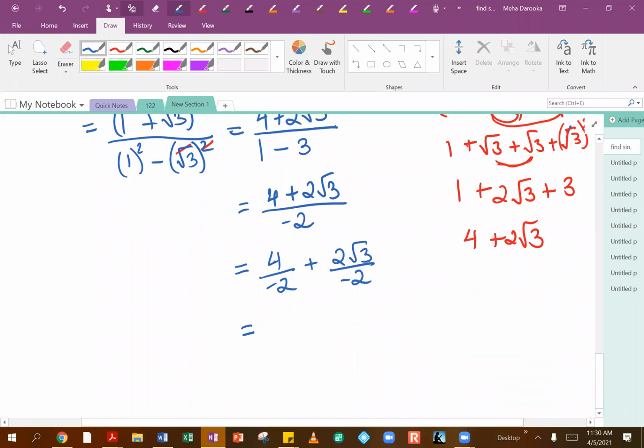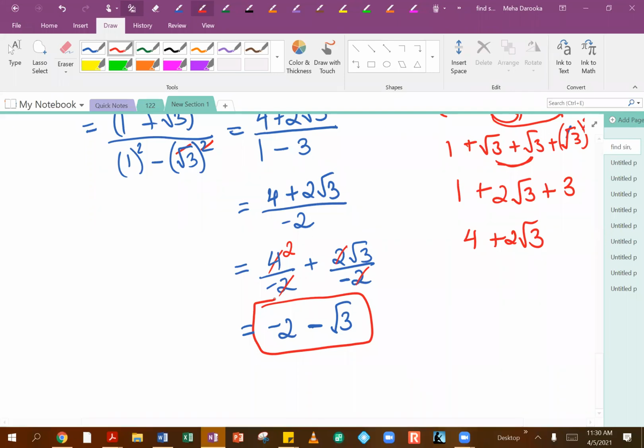So the first fraction, 4 divided by negative 2, will just end up becoming negative 2. Since I have a plus sign in the middle, but my denominator is still negative 2, plus and minus will just end up becoming minus here again. 2 and 2 will cancel each other out, so you will be left with square root of 3. So these guys will reduce down, the 2 over there cancels, and this will be your simplified answer.